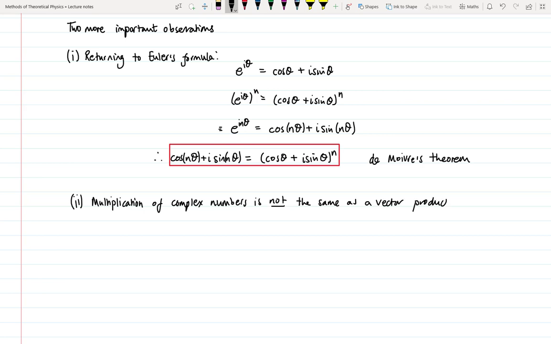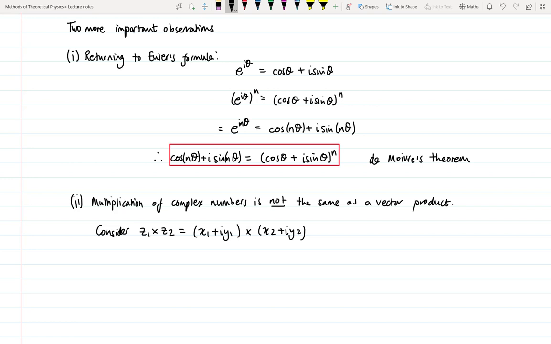And in fact, this is what makes complex numbers so special and so interesting. Consider z1 times z2, which in Cartesian representation is x1 plus i y1 times x2 plus i y2.